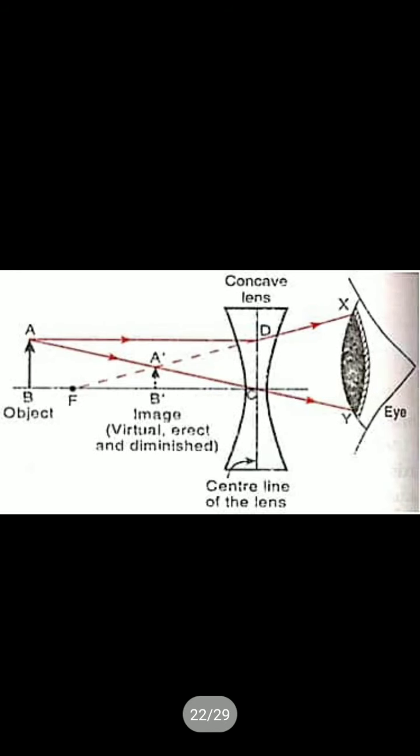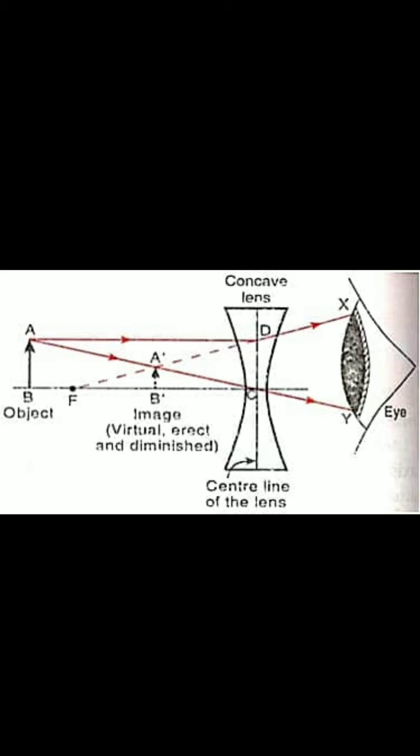This is the first one, when the object is between optical center and infinity. In case of a concave lens, we do not get f and 2f on both sides, and the diagram is different from the convex lens, because here we use a dotted line. We assume that from a certain point on the principal axis the light will diverge.